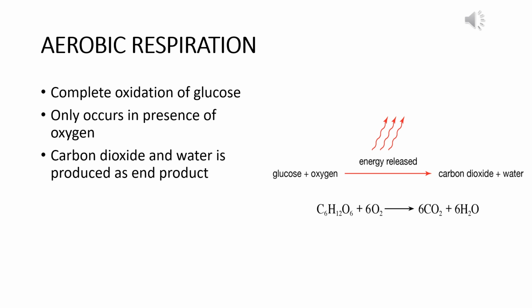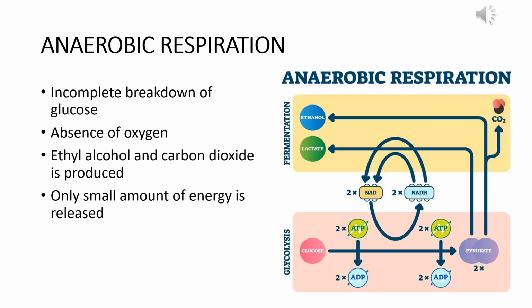So in aerobic respiration, both cytosol and mitochondria are involved. In cytosol, glucose is converted into pyruvate through glycolysis, and in mitochondria, pyruvate is converted into carbon dioxide and water and ATP, and that entails the whole process of aerobic respiration.